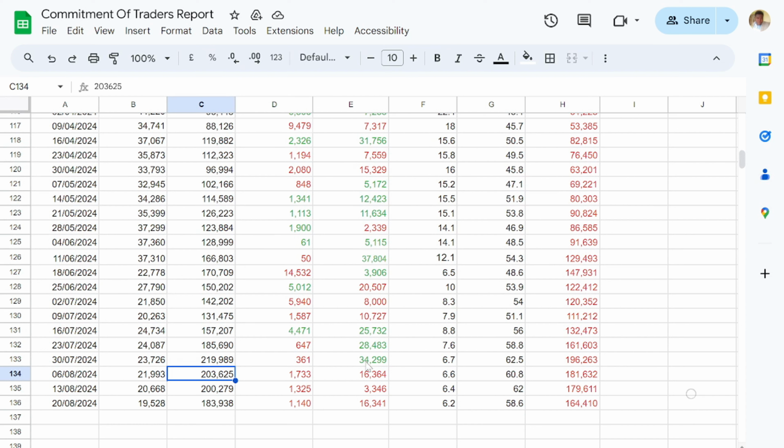So they added 34,299 more sells, and here they closed 361 longs. When it's red, it means they are closing the sells or the buys, and when it's green, it means they are adding sells or they are adding buys. Just like here, they added 4,471 buys and added 25,732 sells. That means they opened more sell positions on the CAD, now leading us to have very, very huge numbers.